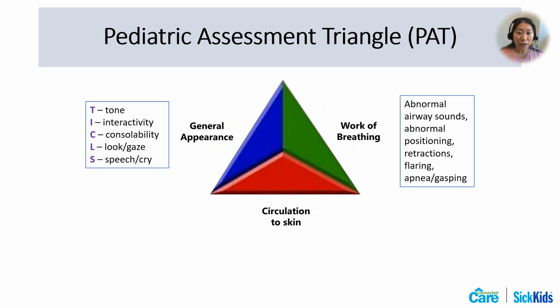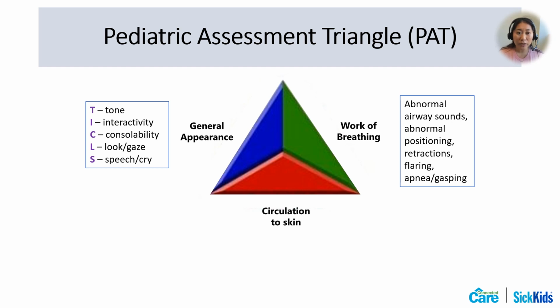Are there signs of increased work of breathing, such as nasal flaring, extended head position, retraction, or any accessory muscle use? Is the child breathing fast or slow? Do you hear any abnormal audible sounds, such as wheezing, gasping, grunting, or crackles? Does the child have an oximeter to display the oxygen saturation?